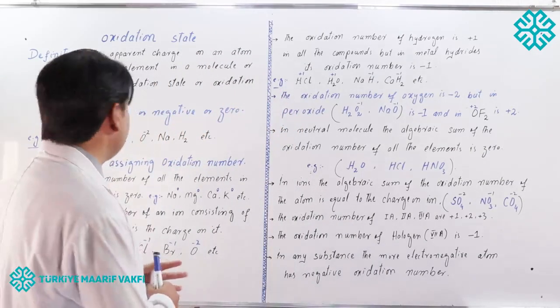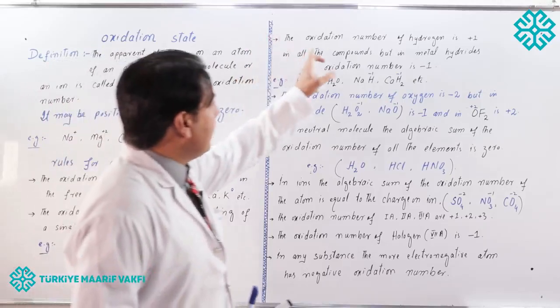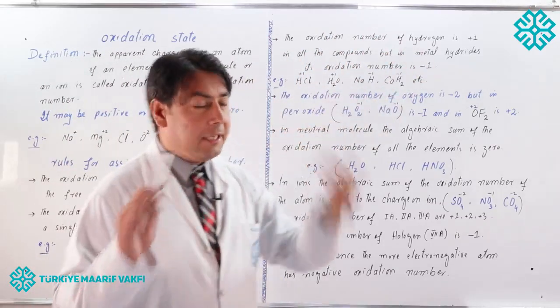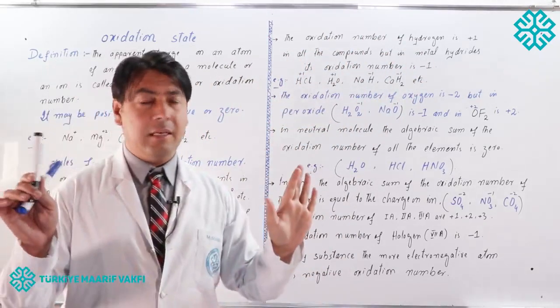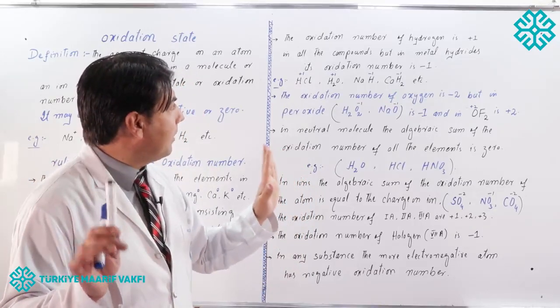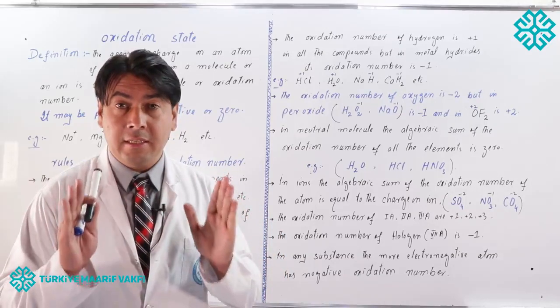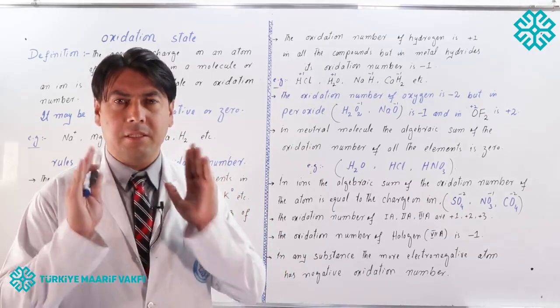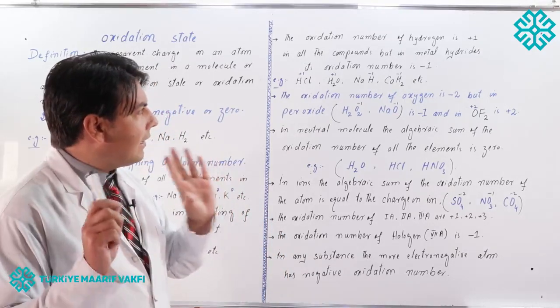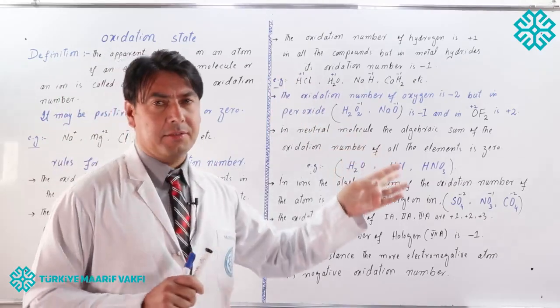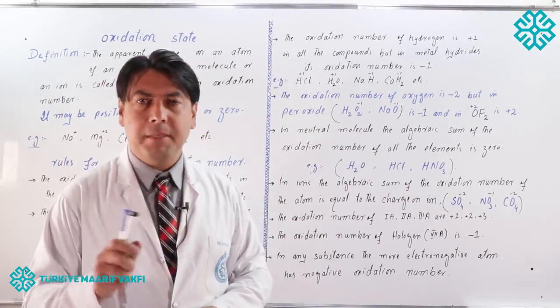Now, another rule. The oxidation number of hydrogen is +1 in all compounds, except in metal hydrides, where its oxidation number will be -1.